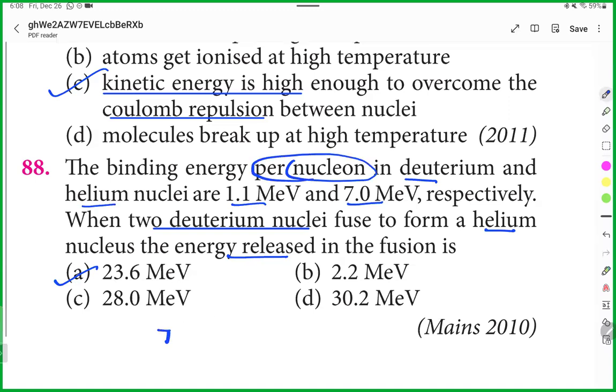For helium, per nucleon is 7, and you know there are 4 nucleon in helium. So 28. In case of deuterium, what is the number of nucleon? 2. If you have number of nucleon 2 multiplied by 1.1, it will be 2.2. And you have 2 deuterium, so multiply by 2, 4.4. 28 minus 4.4 is the difference. Anybody have doubt?